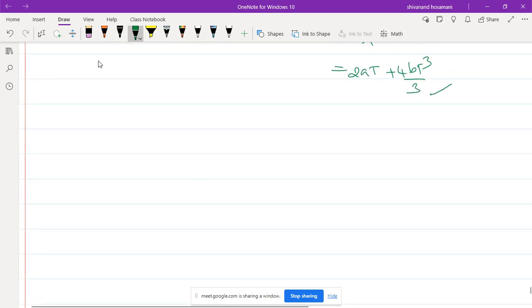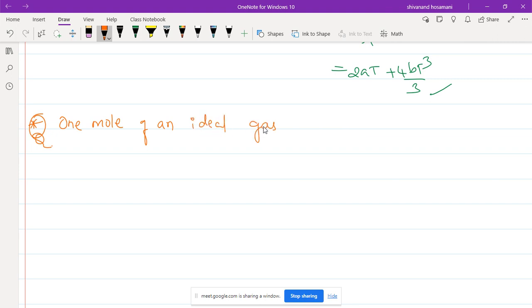Right, there is another problem question. 1 mole of an ideal gas undergoes a reversible isothermal expansion from volume V1 to V2.